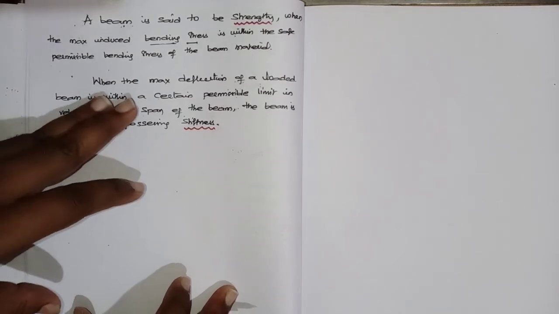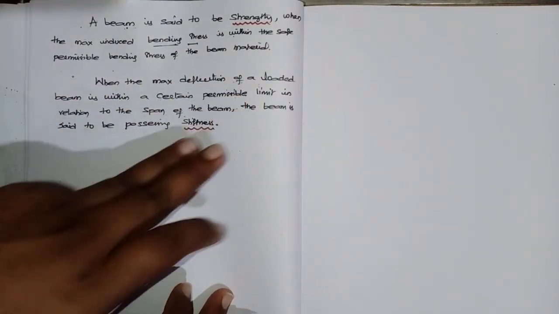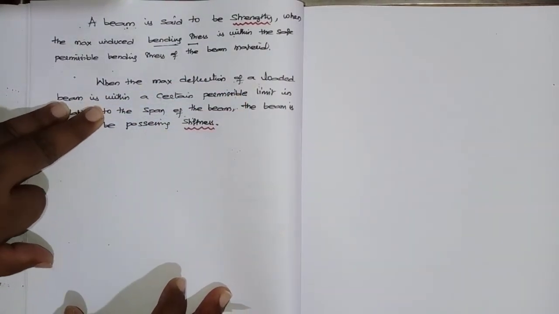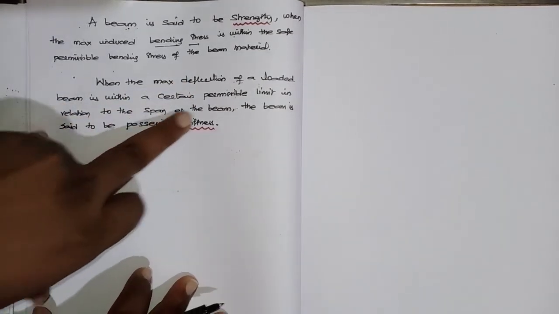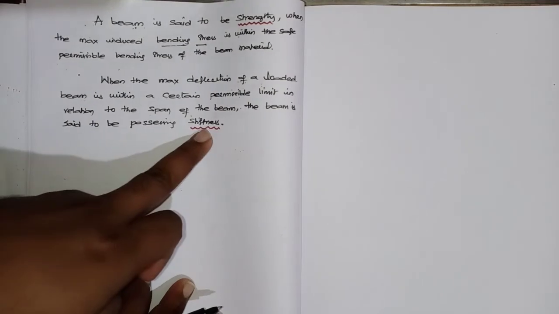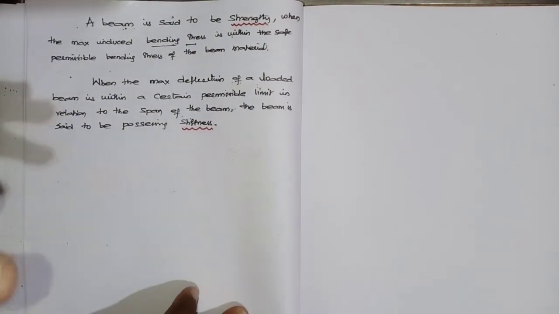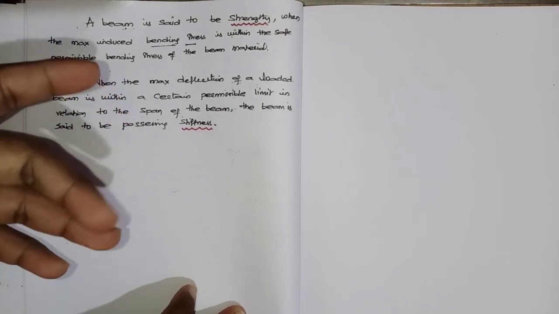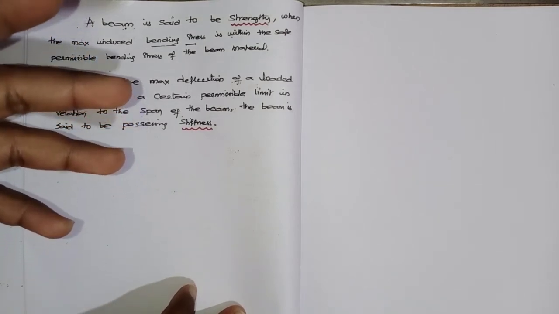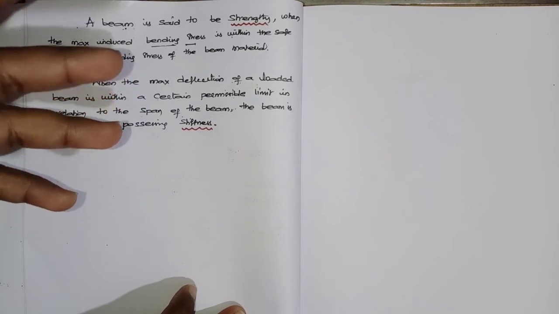Next, when the maximum deflection of the loaded beam is within a certain permissible limit in relation to the span of the beam, it is said to possess stiffness. Means some deflection will be developed. That deflection should be within the limit with respect to the span to depth ratio. Generally we calculate L by D ratios in RCC, right?